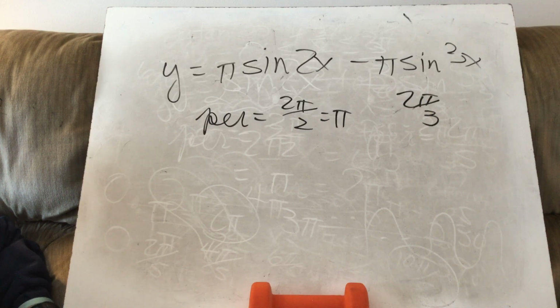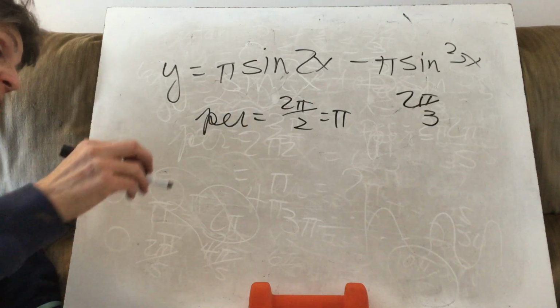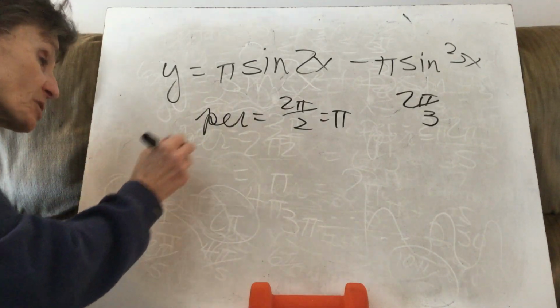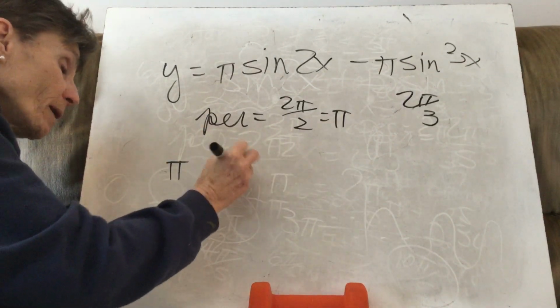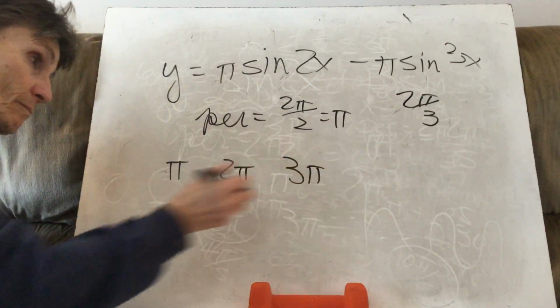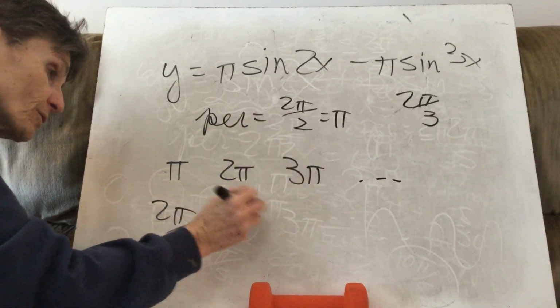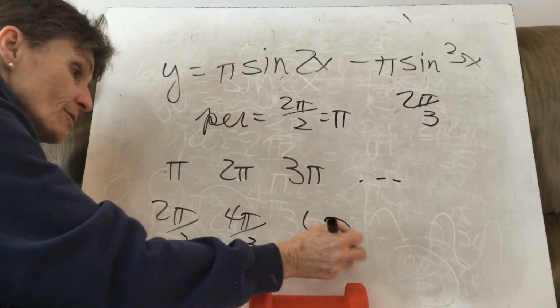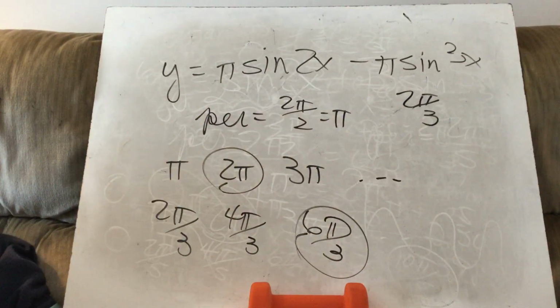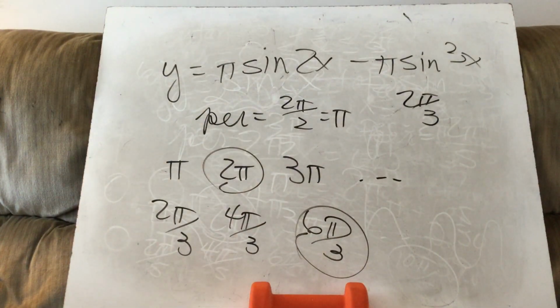Nope, they don't match. They're not the same. So, I need to find the period. This one starts over at pi, 2 pi, 3 pi. This one starts over at 2/3, 4/3, 6/3, which is 2 pi. 2 pi.